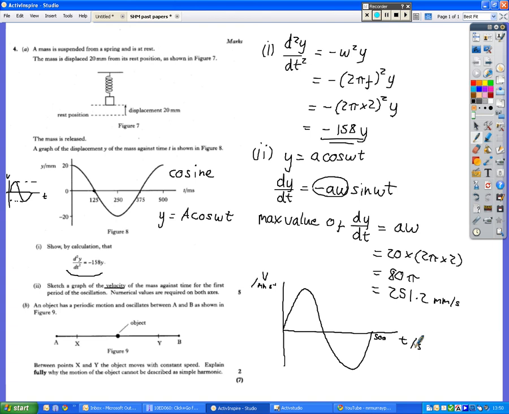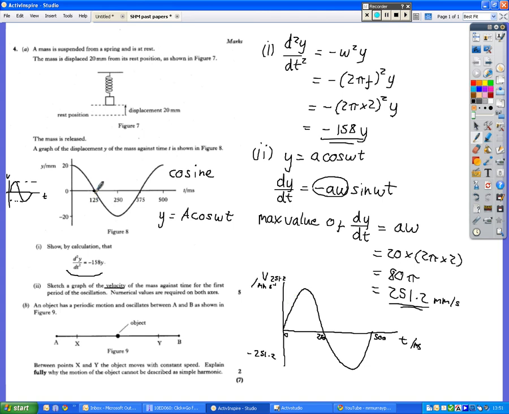Sorry, that's milliseconds there. This will obviously be 0, and then here in the middle that's going to be 250. Then the values here, that's the value that you've just calculated, 251.2. So that's going to be your maximum value up there, and then your minimum value down the bottom. So that kind of holds with this graph.